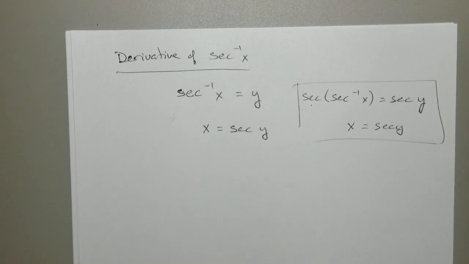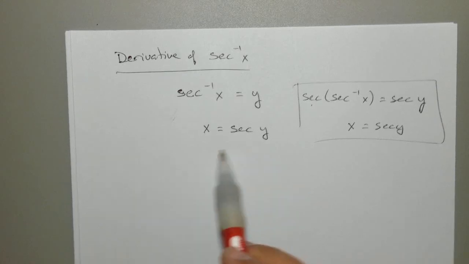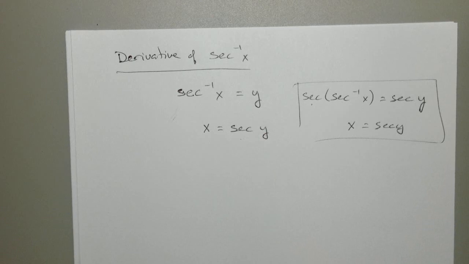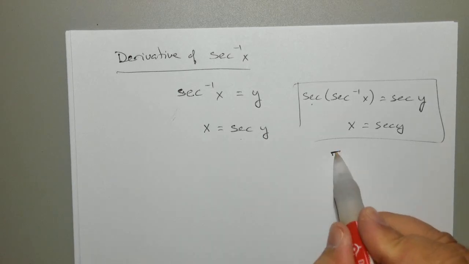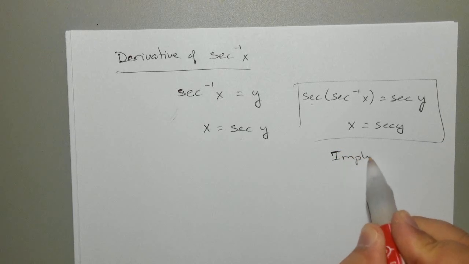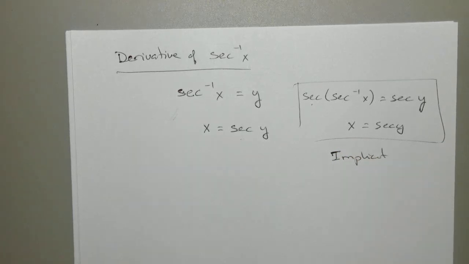So what's the derivative of this? How do we find it? Do we use a special type of derivative? Since the argument here is with respect to y, what type of derivative do we take? Remember implicit differentiation? Whenever you take a derivative of y, you have to put dy dx after it.